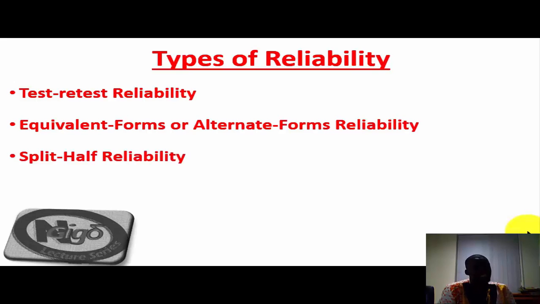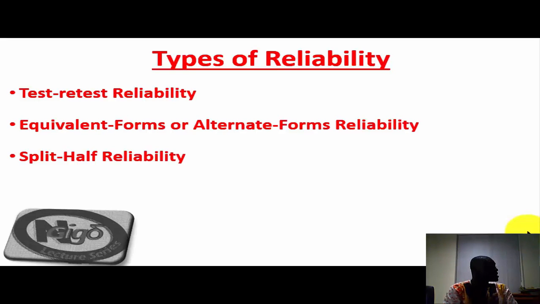Then the next one is split half reliability. The split half reliability is one of the most popular. What are you doing? It's applicable when the questionnaires are long. You distribute the questionnaires, and the theory is that since the construct is coming from the same group, if you divide it into two, the halves should relate to each other.